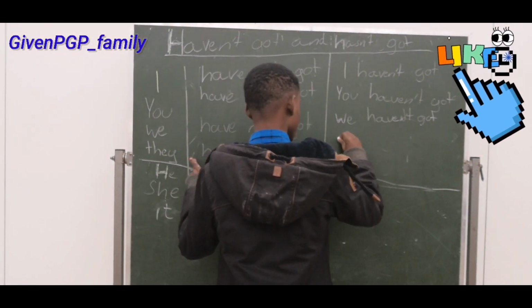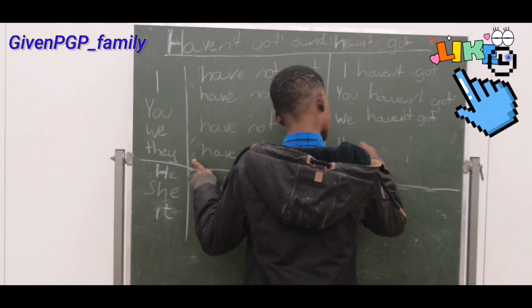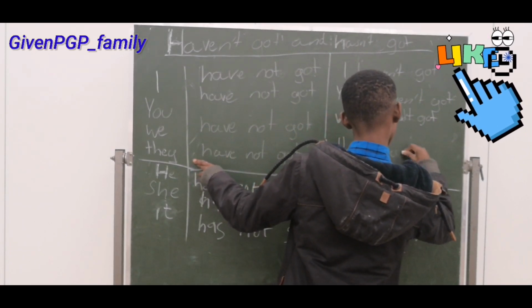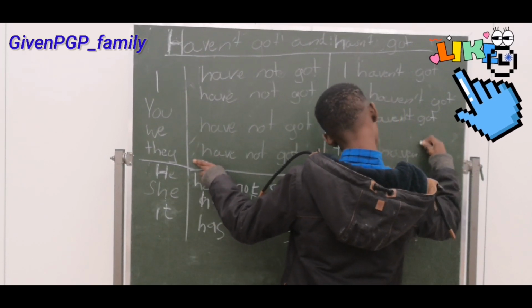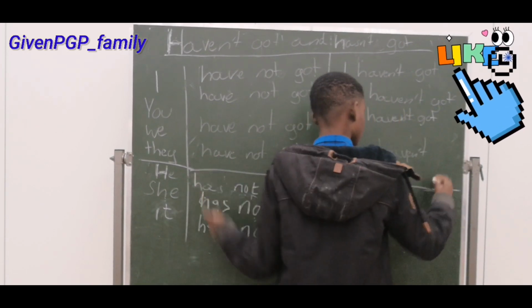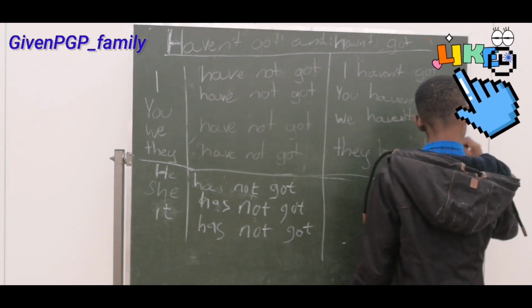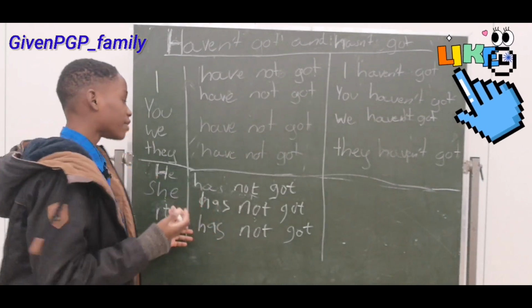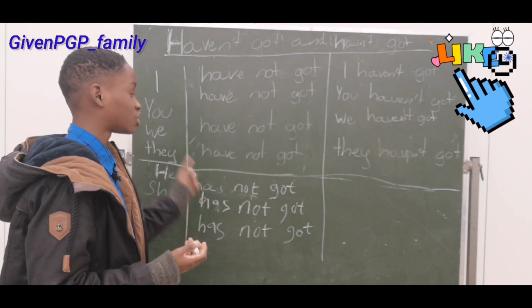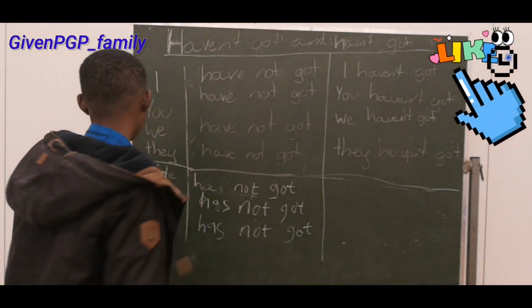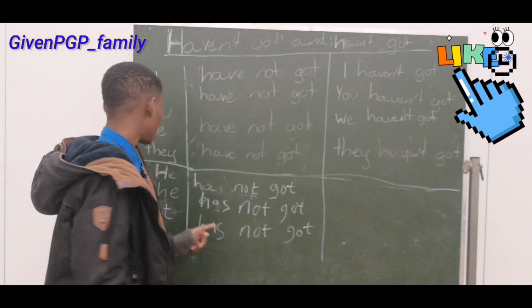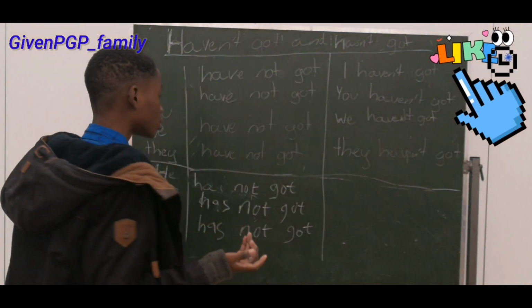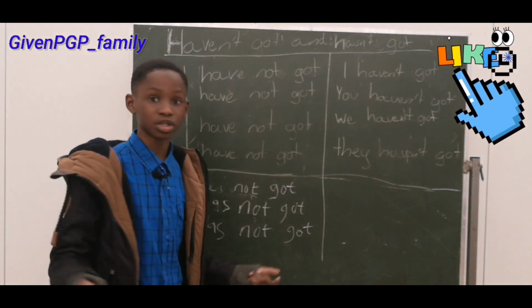So the same thing, only that you're using has not got, hasn't got. So he has not got a boy.